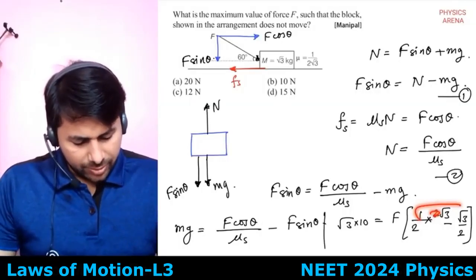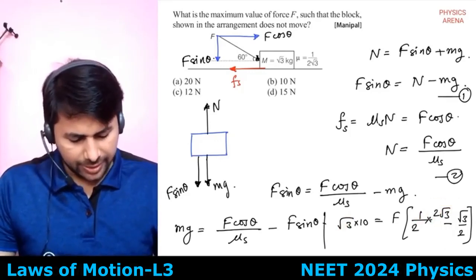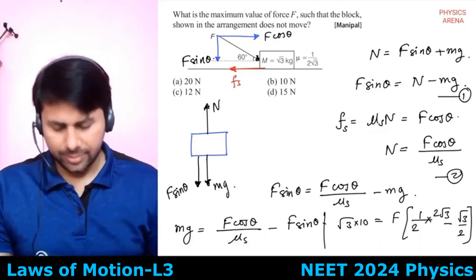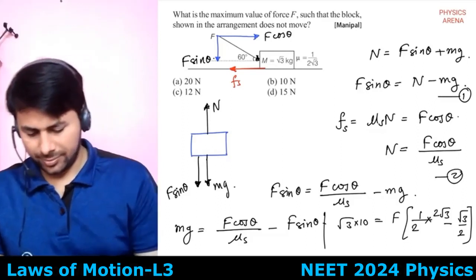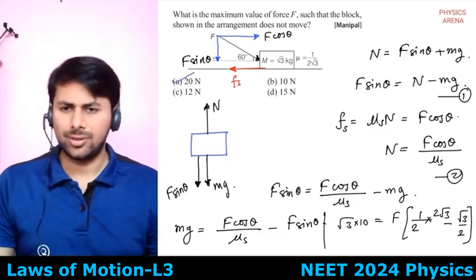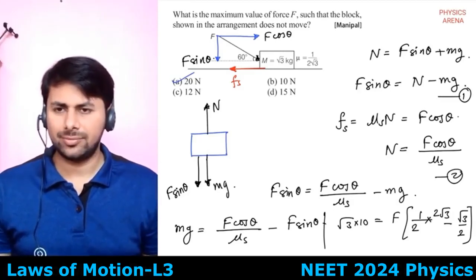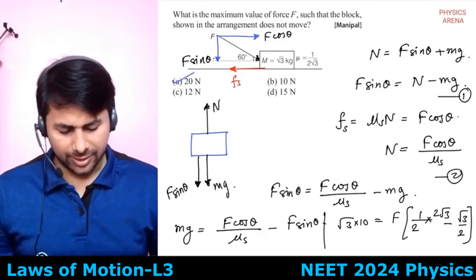This root 3 and root 3 by 2 will get cancelled. Take that 2 on other side. F will be equal to 20. Yes, no? Is there any confusion in calculation? So F is 20, right?